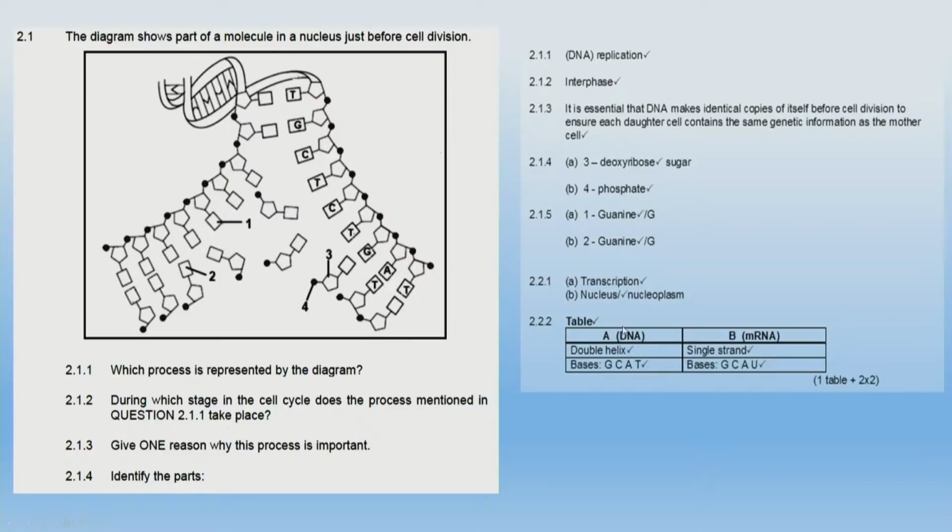So again, there's the table, just to indicate that we can ask the differences between DNA and RNA. DNA and RNA is also a very favorable question to ask. Not the role, the difference between DNA and RNA.